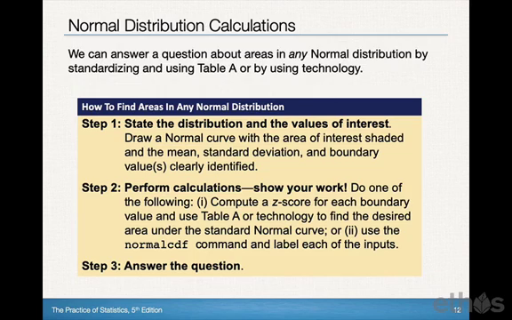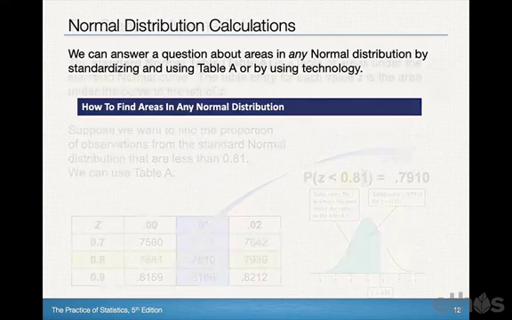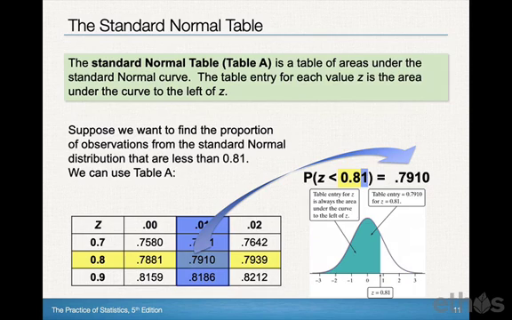When there's a context to the question, now, in our question they gave us, we can go back and peek at it. It just said, find the proportion of observations from the standard normal distribution that are less than 0.81. So the answer was a proportion, which 0.7910 is a proportion.